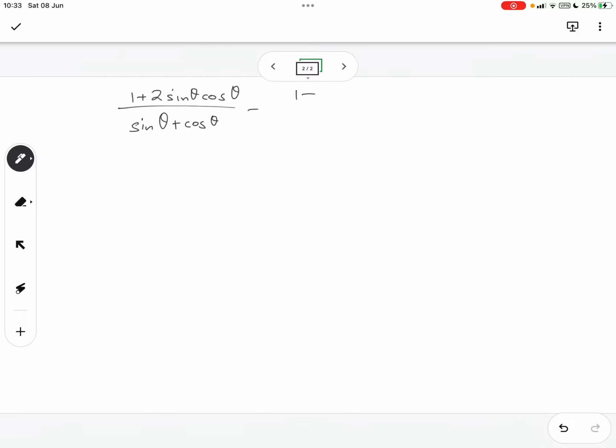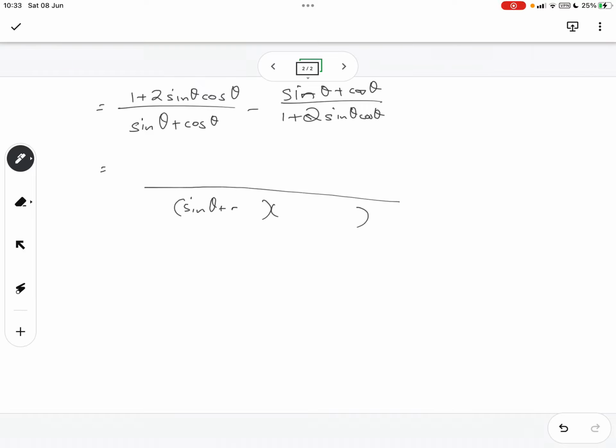So 1 plus 2 sine over sine plus cos. Okay. So 1 plus 2 sine theta. I'm not changing anything from the last part. So it's sine theta plus cos theta minus 1 over sine theta plus cos theta, over 1 plus 2 sine theta cos theta.